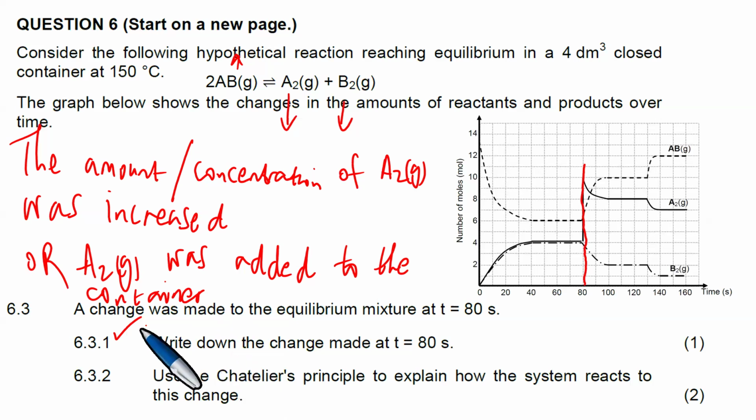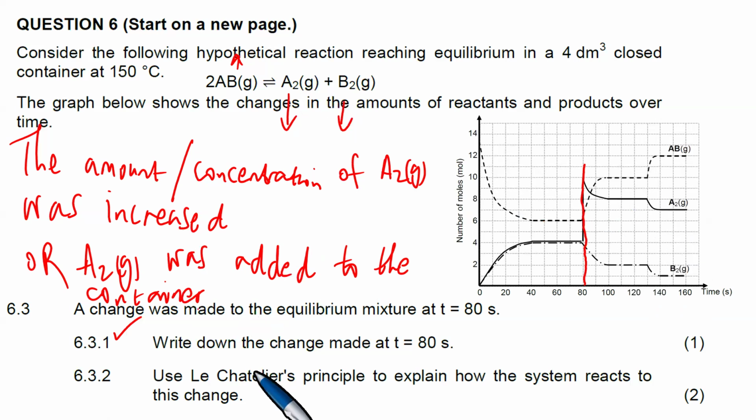Okay, so a change was made to the equilibrium mixture at T equals 80 seconds. Once again, write down the change made at 80. What are we seeing? We are seeing a sudden decrease in the number of moles of the products.